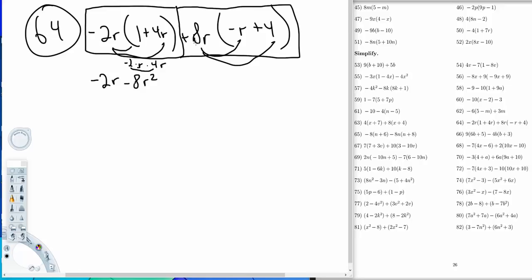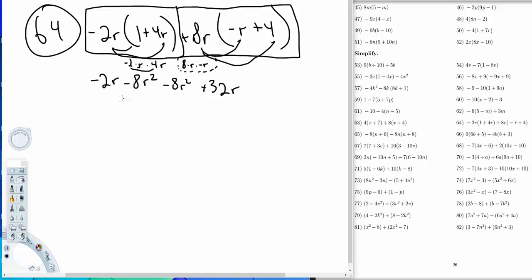Okay, so here we have 8r times negative r, which is really saying 8 times r times negative r. Since there is an odd number of negatives in this little equation that I did there, it will be a negative answer. So minus 8r squared. 8r times 4 equals 32r, right? 8 times 4 equals 32, times r equals 32r.